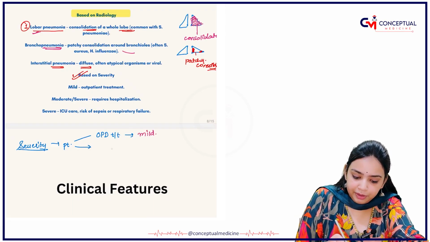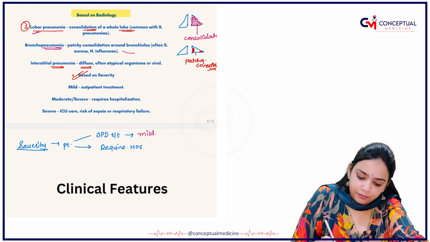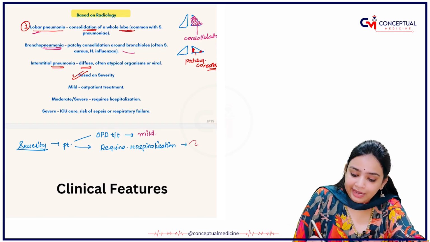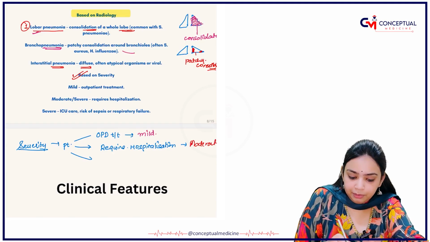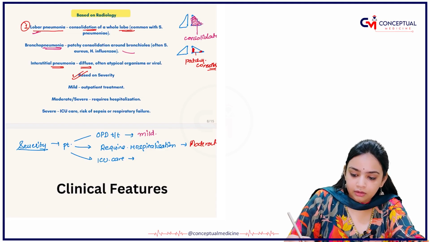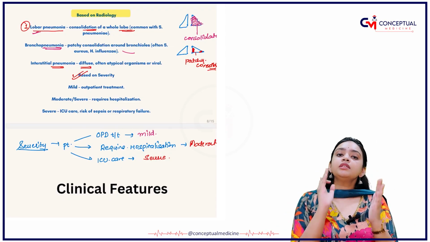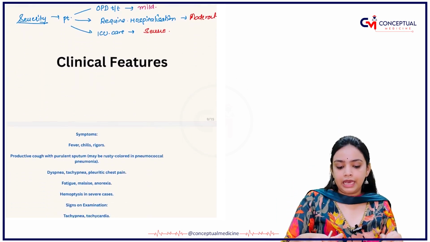Next, if the patient requires hospitalization, then you will mark it as moderate. If the patient requires ICU care, then it is severe. So these are basically the classification based on the severity.